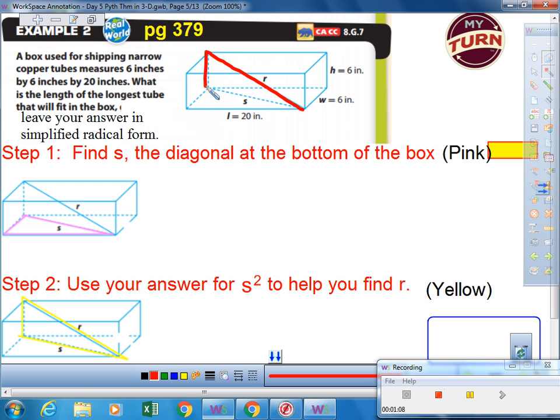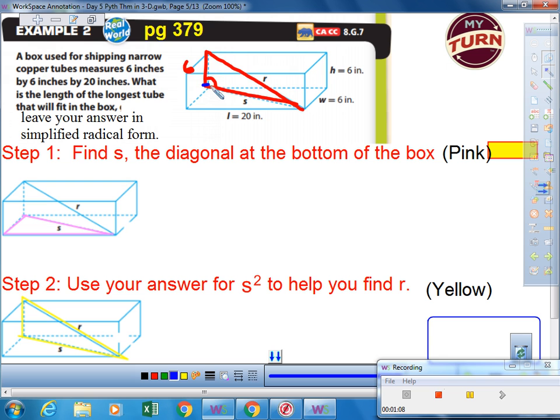It's right here. So what is this dimension? 6. And then this bottom, what is that one? It's not 20, because 20 is this, and this goes diagonally across the bottom base. I don't know that. So I have to find what this is first before I can solve this.